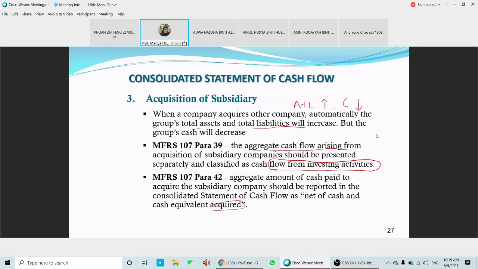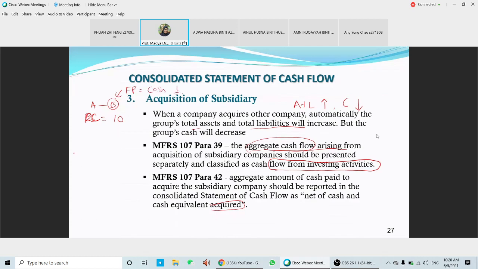So what is an aggregate cash flow? Let's say you want to acquire a subsidiary, and the purchase consideration that you paid is 10,000. You want to acquire company B. In company B's statement of financial position, there is cash of 1,000.